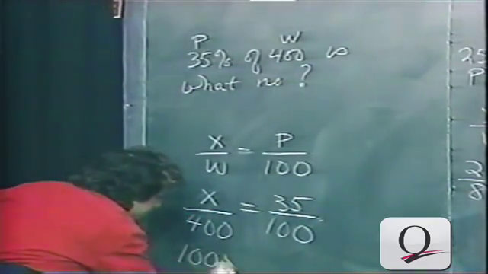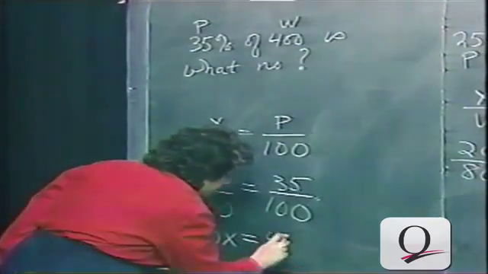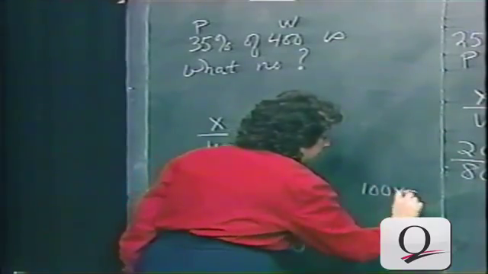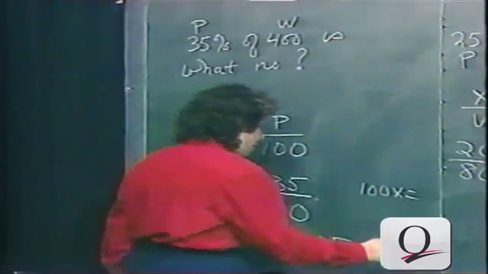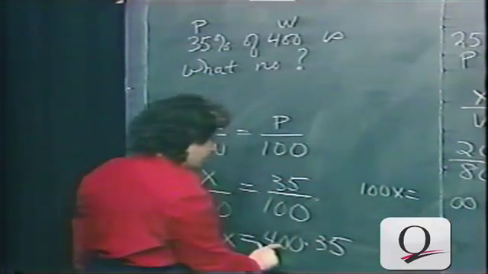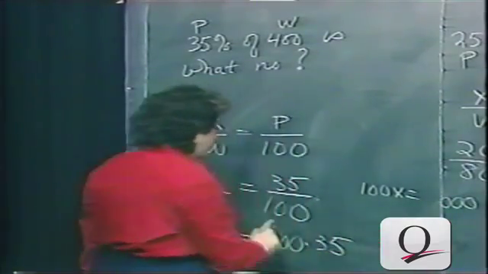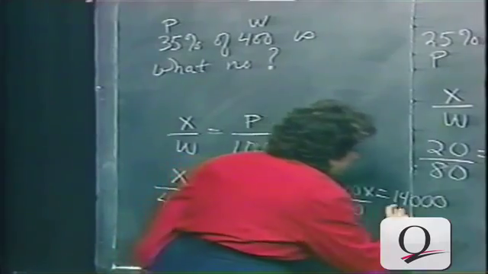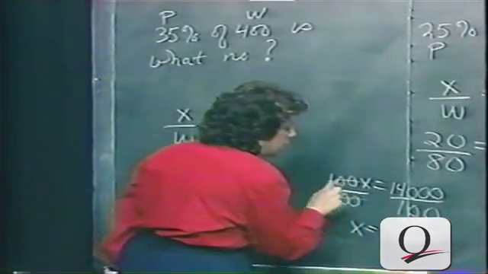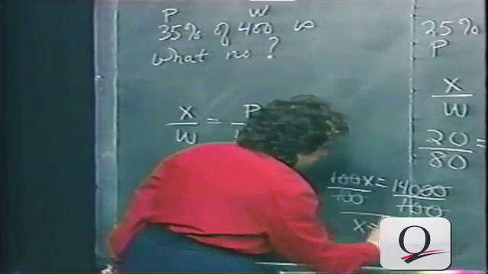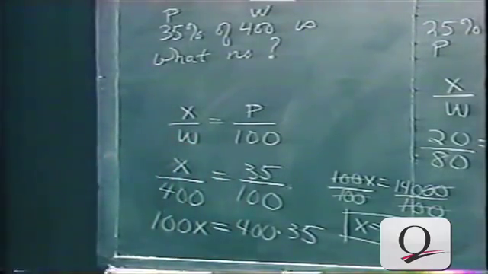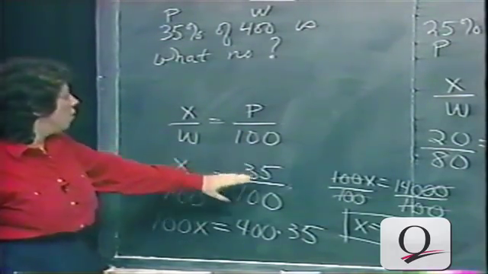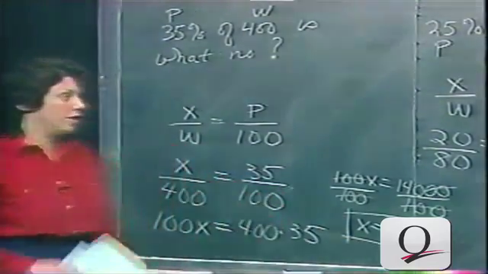Cross-multiplying, 100X is 35 times 400. 400 times 35: 4 times 5 is 20, put down the 0, carry the 2. 3 times 4 is 12, and 2 is 14. So it's 14,000, and dividing by 100, X is 140. 35% of 400 is 140.